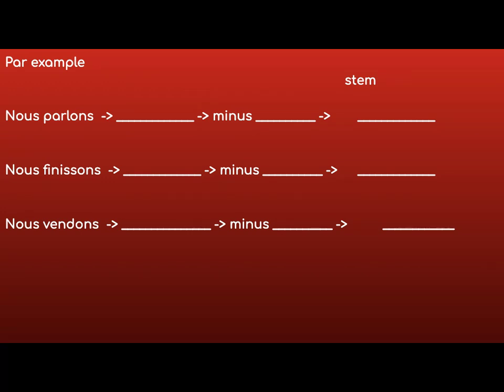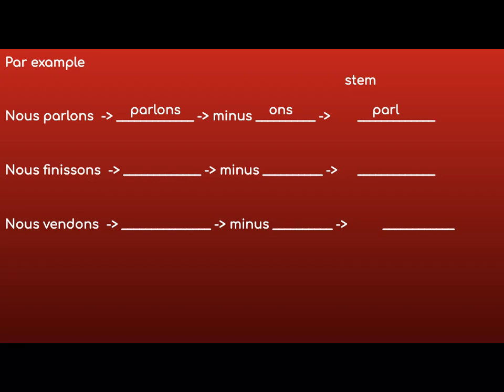For example, nous parlons minus ONS becomes parl. So parl, P-A-R-L, is our stem for the verb, and then we'll add the appropriate ending depending on the subject pronoun.